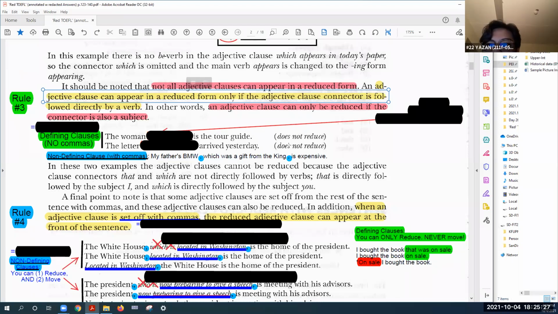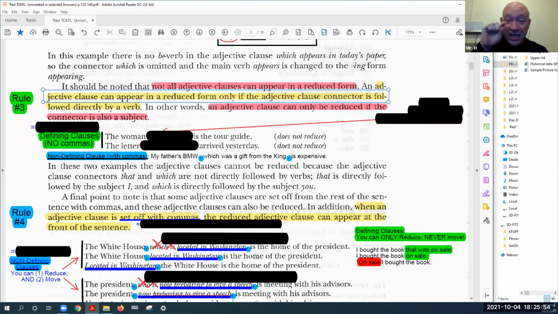Adjective clause can appear in reduced form only if the adjective clause connector is followed directly by a verb. What does that mean actually? By the way, it's not just a connector.